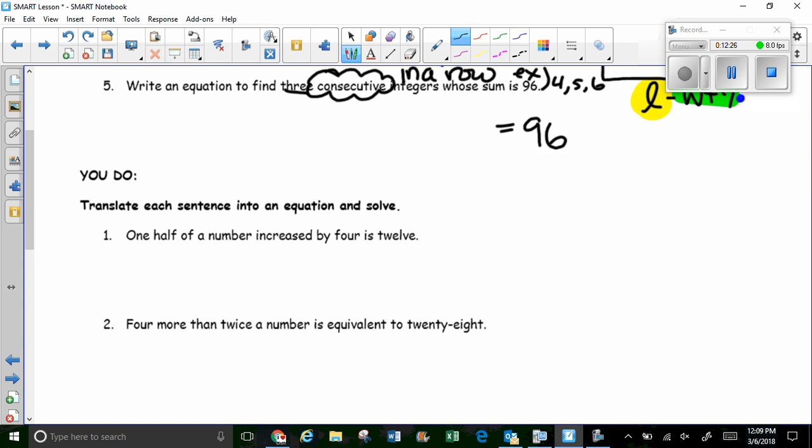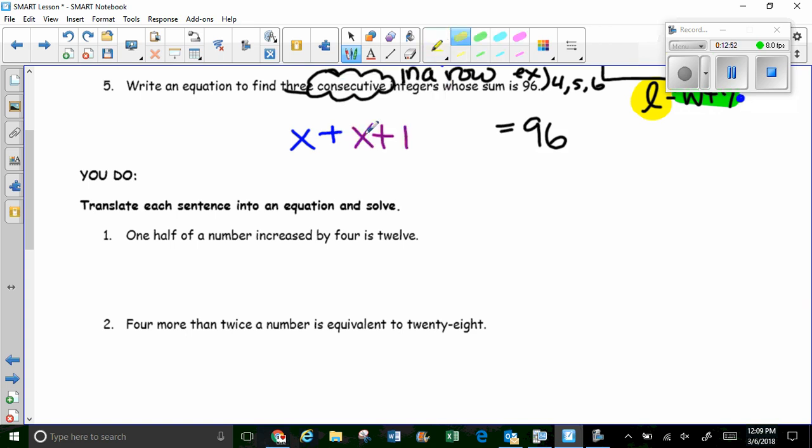A lot of times we're tempted to go, oh, 3 numbers sum, I'm just going to go x plus y plus z. But we know more information than just there's 3 unknowns. I know how they're related. So if the first number is x, then, and it's consecutive, what does the next number have to be? Well, it has to be 1 more than x.